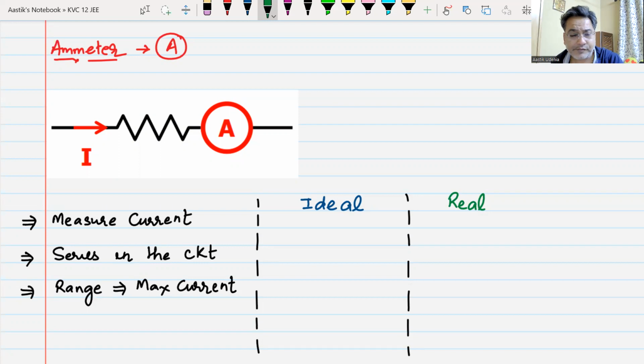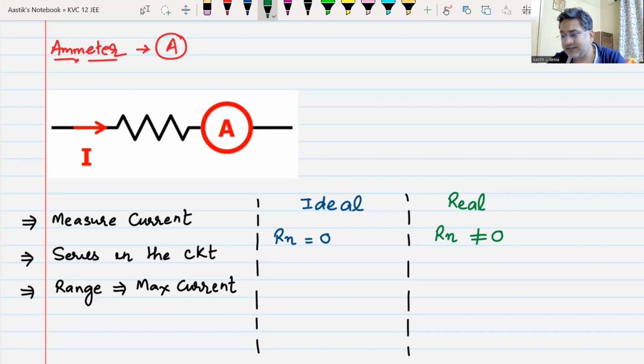Ideal ammeter will not have any internal resistance. Real ammeter will have internal resistance. Yes, ideal ammeter, the internal resistance of that ammeter is zero, which is basically not possible. The resistance of this ammeter is not equal to zero. Every ammeter is an electrical device. Every electrical device is a resistor or a capacitor or an inductor or a combination of all these three things.